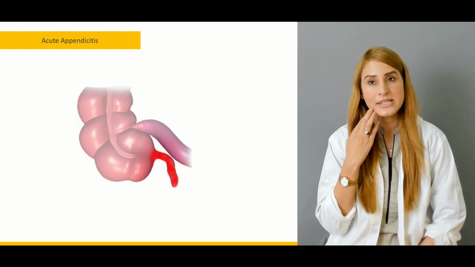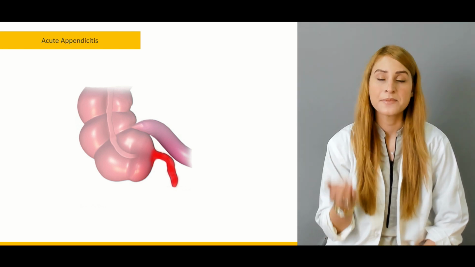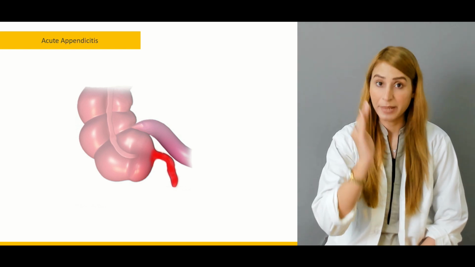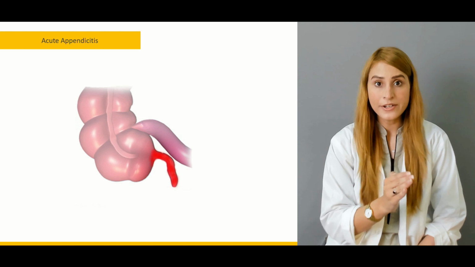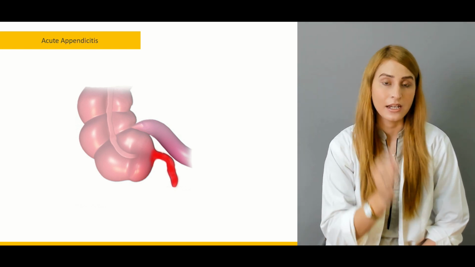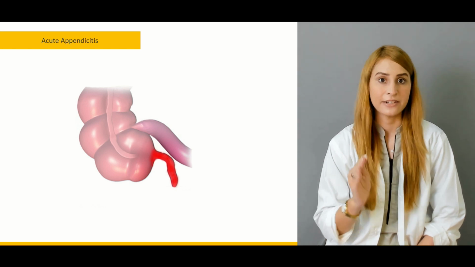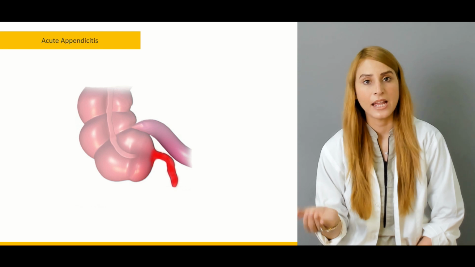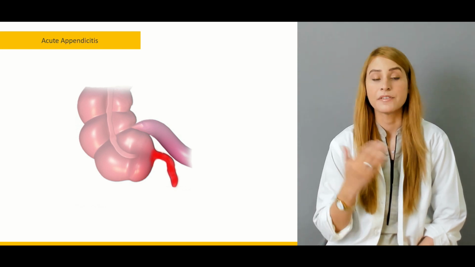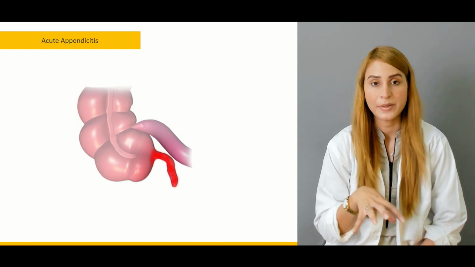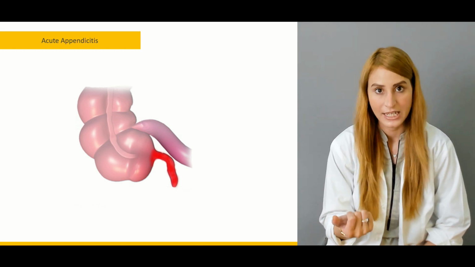Plus, sometimes because of the luminal obstruction and the ongoing inflammation, there is gangrene, and we know that whenever there is gangrene, there will be perforation of that particular organ. So that leads to appendicular perforation, and we know that whenever any viscus is perforated into the peritoneum, that leads to generalized peritonitis.